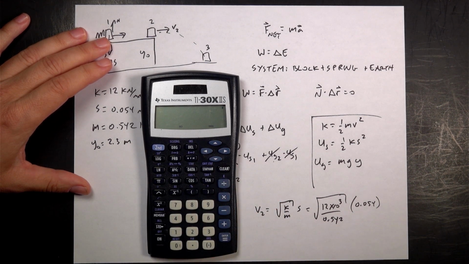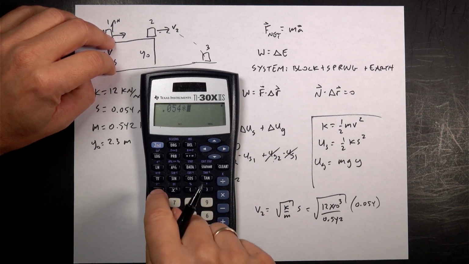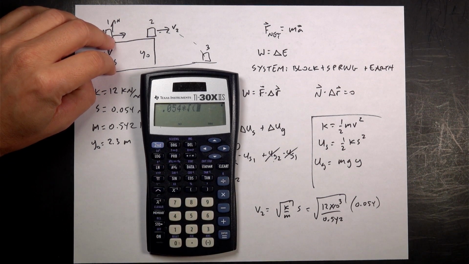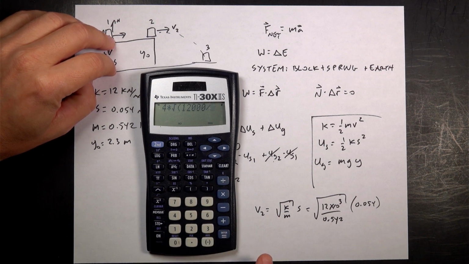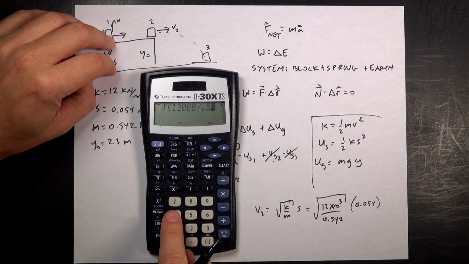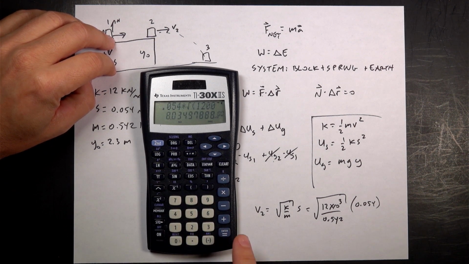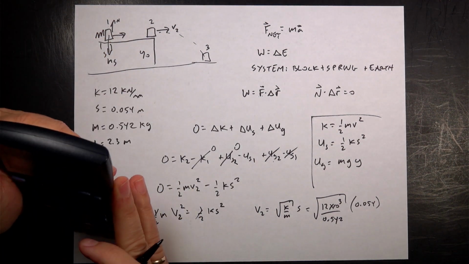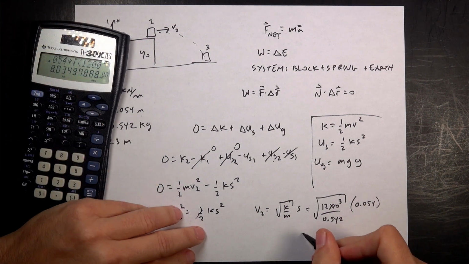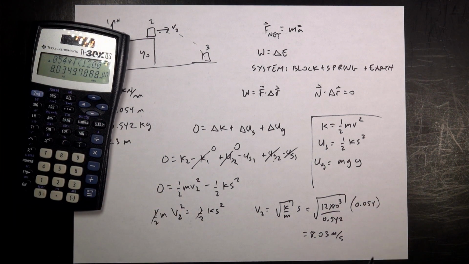Okay, so I'm going to do this first. 0.054 times the square root of 12,000 divided by 0.542, close parentheses, equals 8.03 meters per second. Okay, so that's the first part.